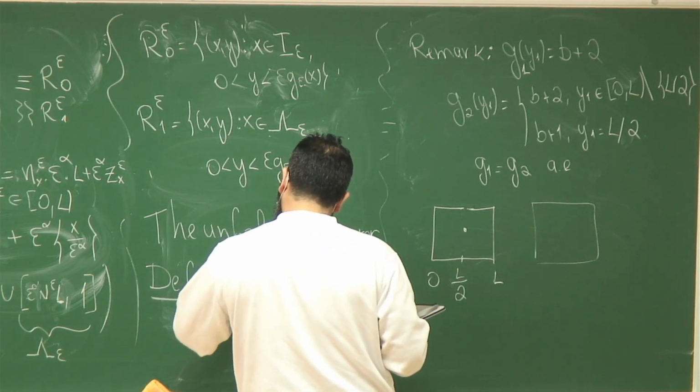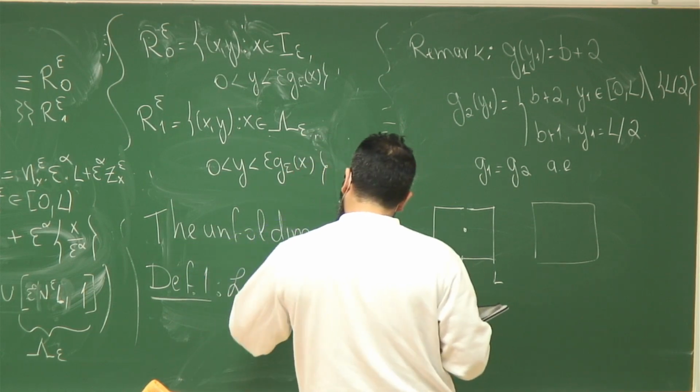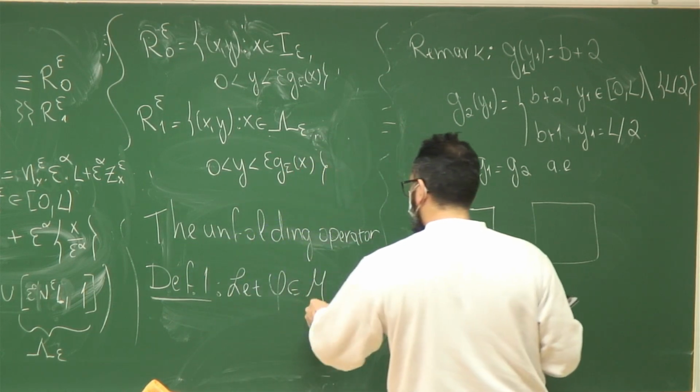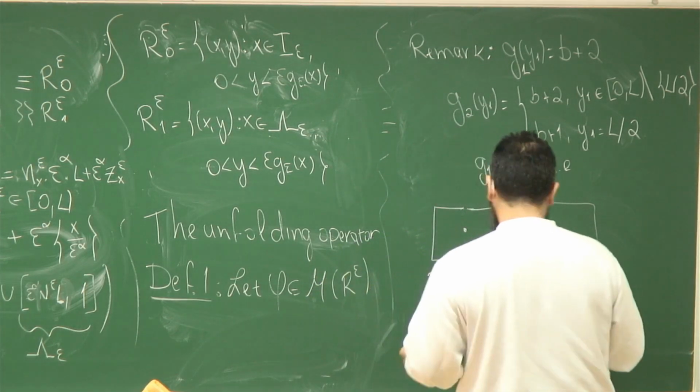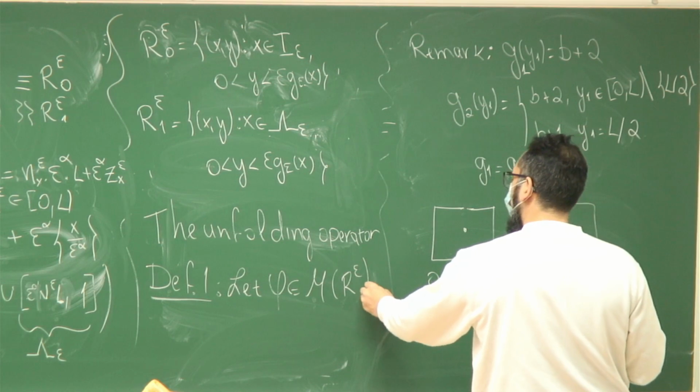So let phi be a measurable function. I guess I forgot to put this notation. A measurable function in R epsilon.